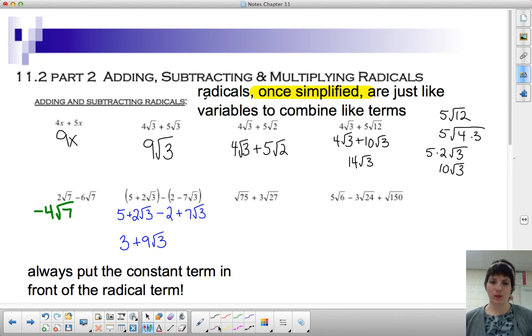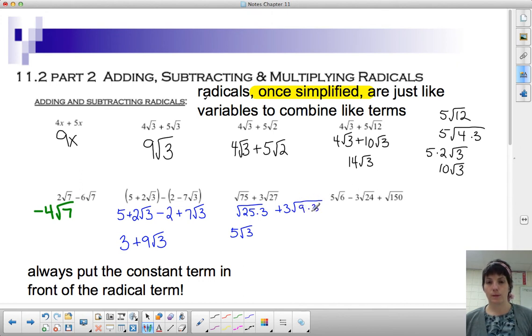Now let's work through this third problem together. The square root of 75. Well, 75 is the square root of 25 times 3. So that's going to give us a 5 root 3. Or you could do a factor tree just like we did in the last section. Plus 3 times the square root of, well, 27 is 9 times 3.